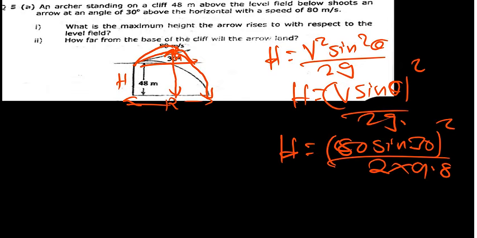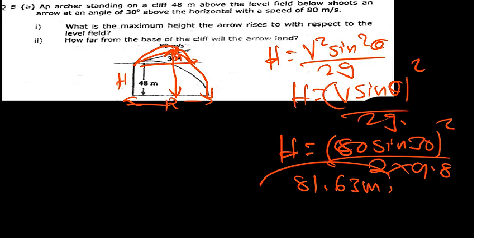Then the answer which you find, just square. So it's 1600. 2 times 9.8 is 19.6. You divide it by 19.6. I'm getting 81.63 meters.